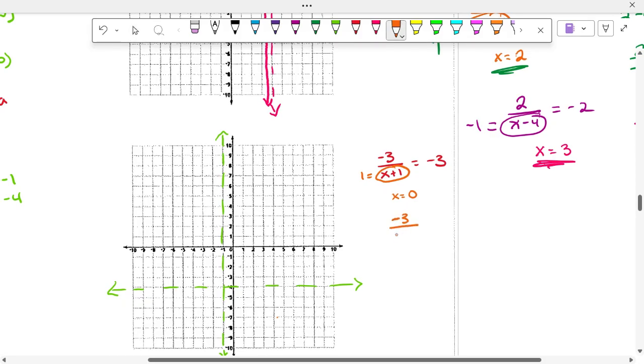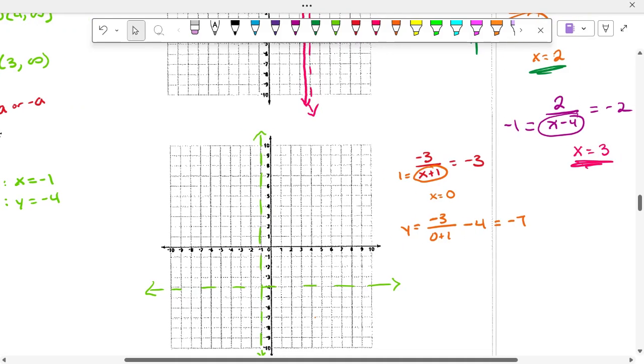So -3 over 0 plus 1, sorry, jumped the gun there. So that'll be -3 over 1, which is -3. What's -3 minus 4? Negative 7. So that's what's equal to y.